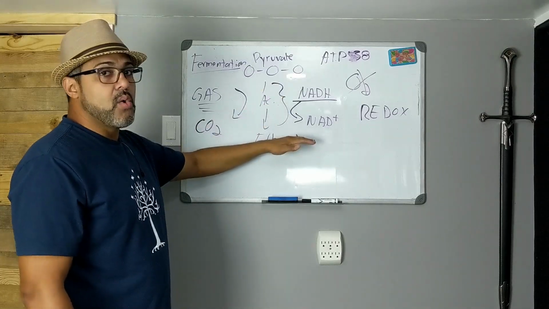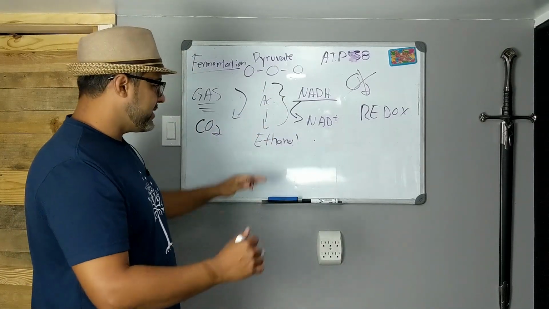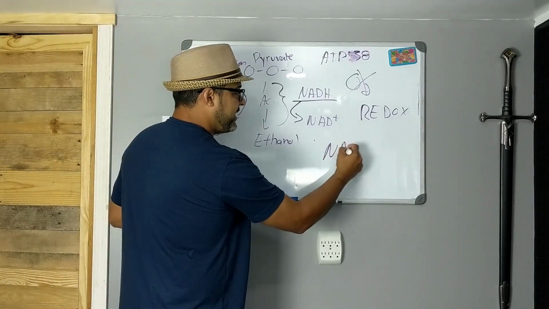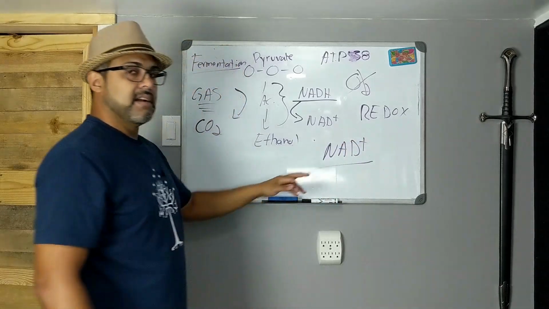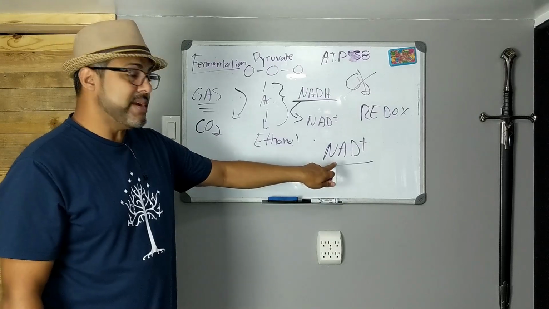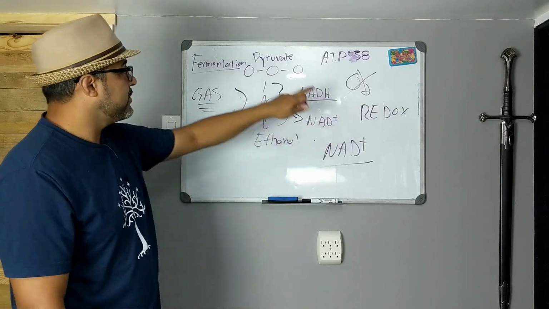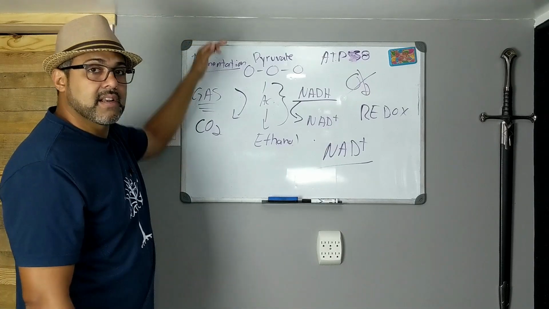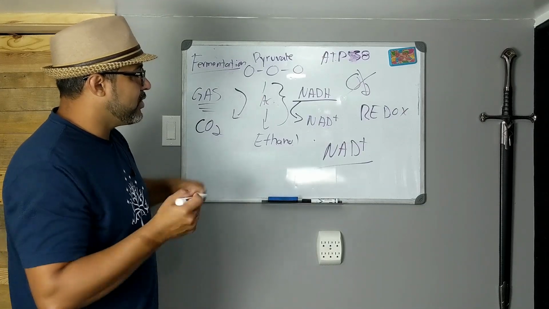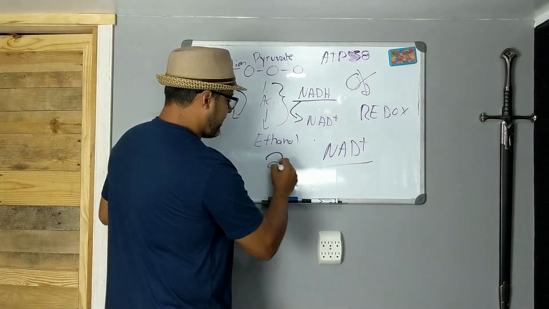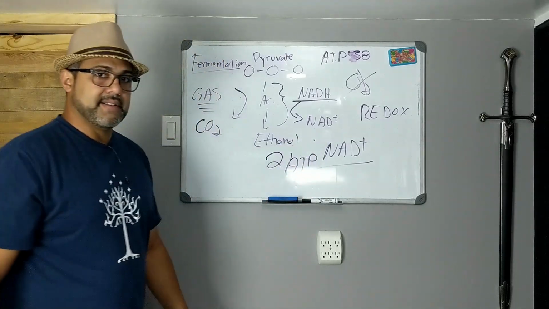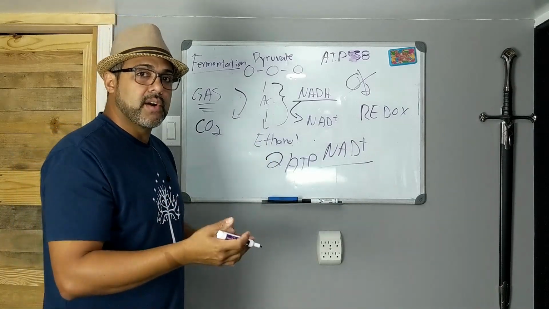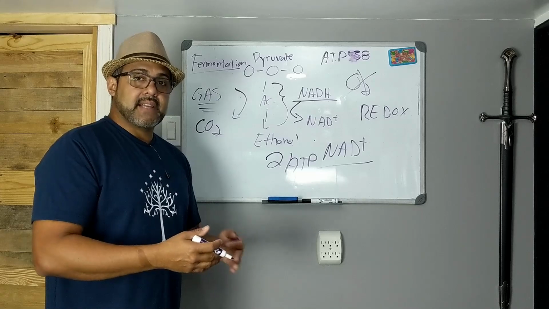By doing so, the most important thing is, sure, we got ethanol, sure, we have gas, but now we have this ingredient, NAD plus. Why is it important? Because we need this molecule in order to go way back to the glucose and start using that in glycolysis. So we produce here 2 ATPs. From the modification of that molecule of glucose, we produce at the end 4 ATPs or 2 net ATPs.